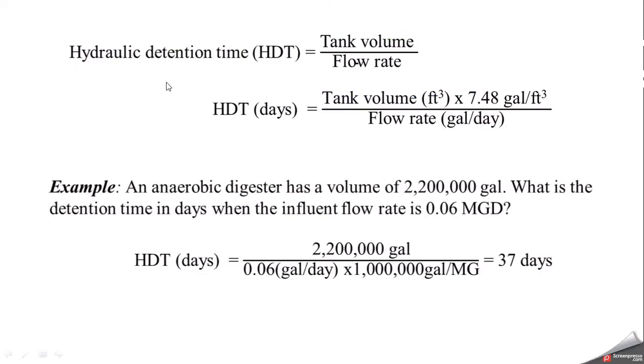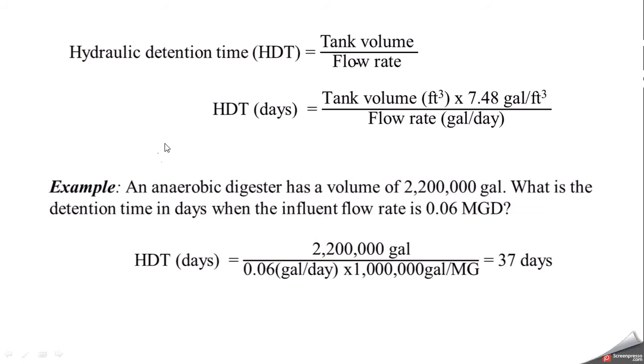How can we calculate hydraulic detention time? It is tank volume divided by flow rate. If we have different units, like cubic feet, and the flow is given in gallons, we can convert with this expression: the hydraulic detention time is equal to tank volume in cubic feet multiplied by 7.48 gallons per cubic foot, divided by flow rate in gallons per day.